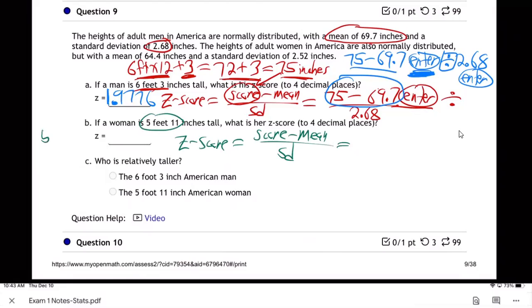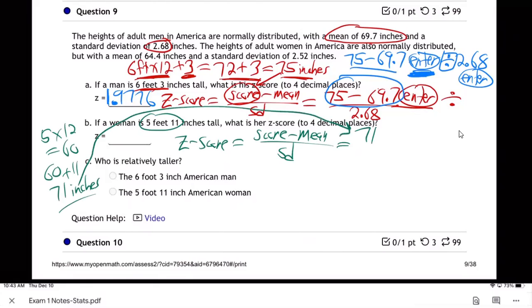So that's 5 times 12, which is 60, and then 60 plus 11. She's 71 inches tall, isn't she? So she's 71. Bring that over here. That's her score. 71 inches tall minus the mean for women, 64.4, over the standard deviation for women, 2.52.